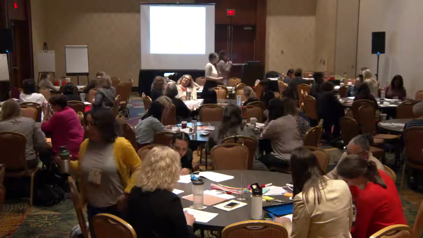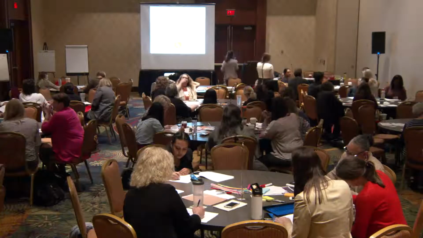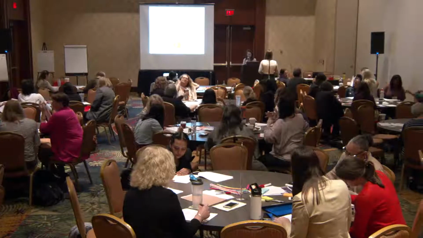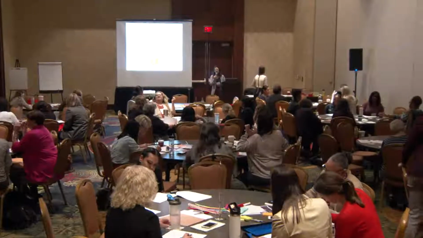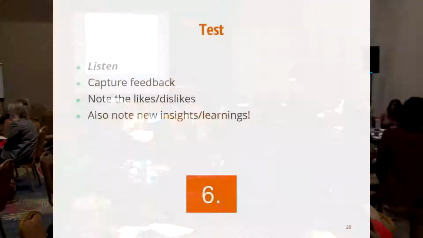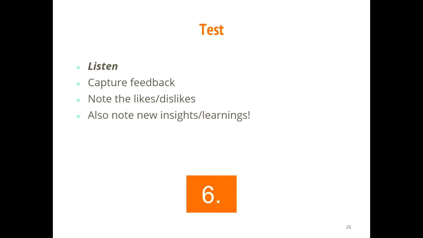Now, very exciting, you get to go back to your user. Conveniently, for most of you, your user is right next to you, okay? So, what you're going to do is, and this is really challenging because we want to explain all of our ideas, right? But you're gonna use this time to get feedback from your user on these ideas, okay?